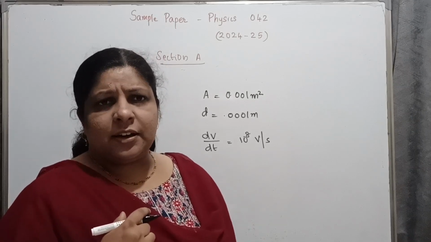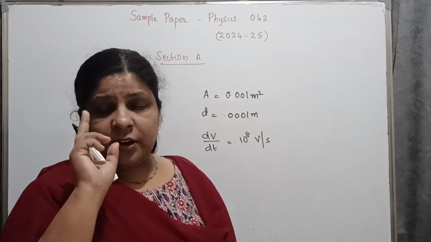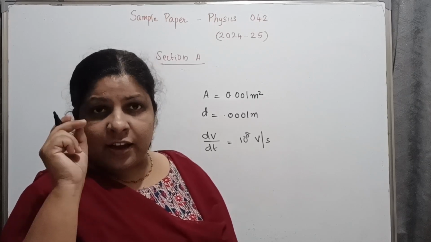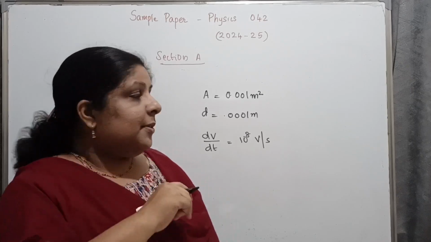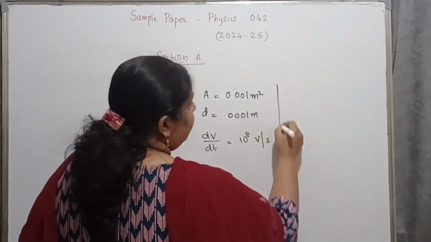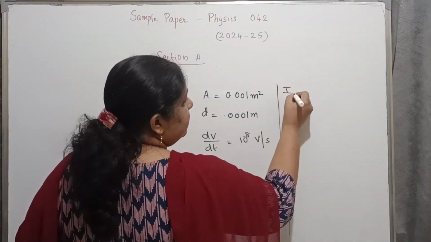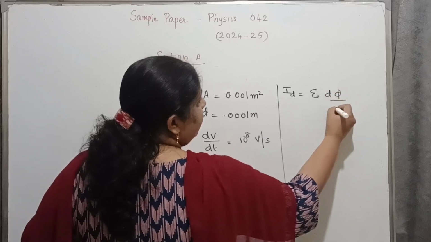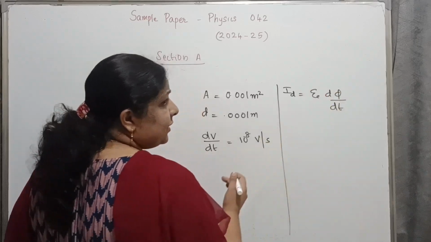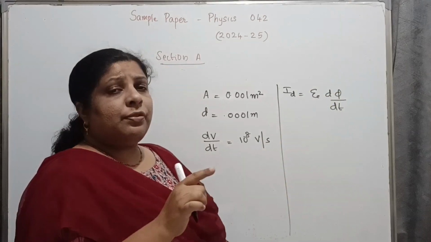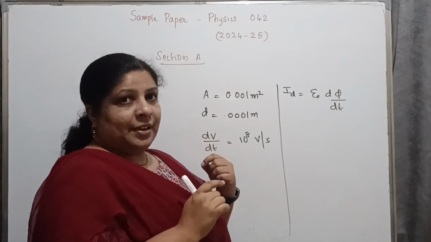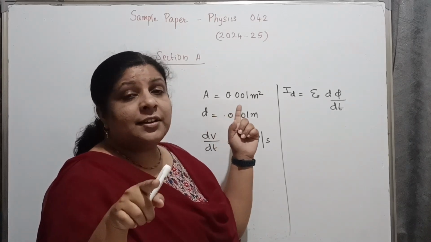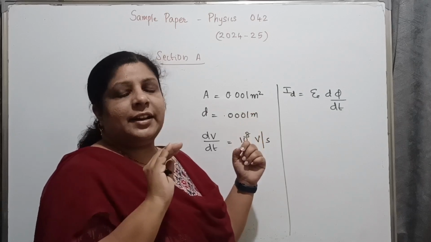What is displacement current? That is from the EM waves chapter 8. Displacement current is given by epsilon naught into d phi by dt. Here rate of change of flux is not given, but we know the flux is E dot A, area is given. And that electric field you can write in terms of potential gradient, V by d.